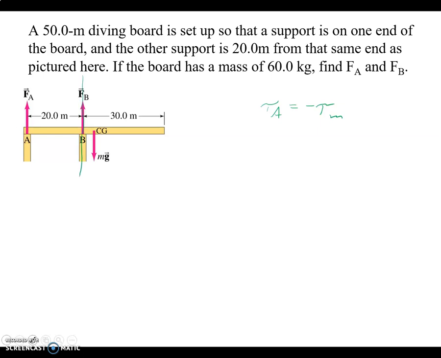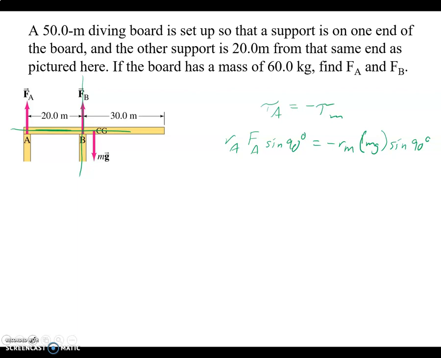Again, just so I remind myself, there's my center of rotation. That's the equation I just started with. And torque is equal to RF sine theta. So it's RF sine of 90 degrees in both cases.